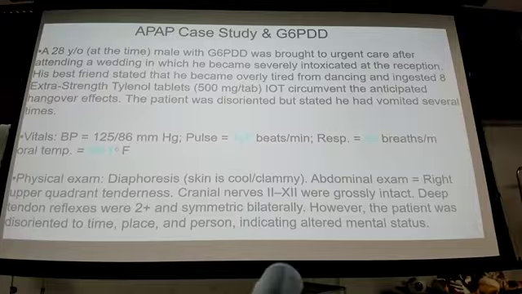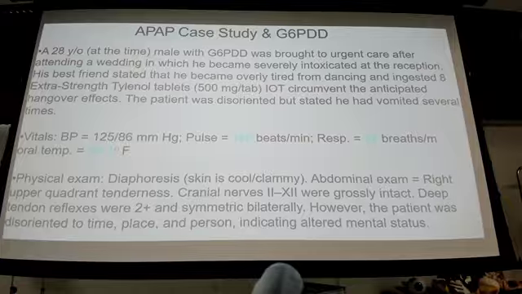This patient was disoriented but able to state that he vomited several times. His vitals are very similar to what we saw in the last case, except his pulse rate is more elevated, so is his respiration, and he has a slightly elevated temperature.